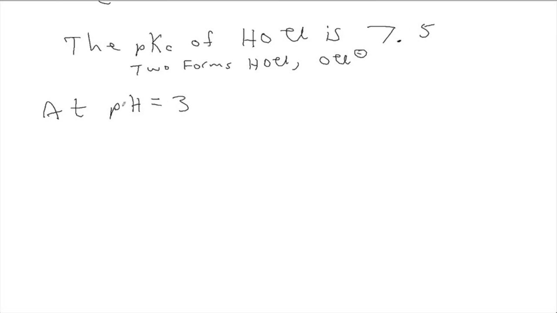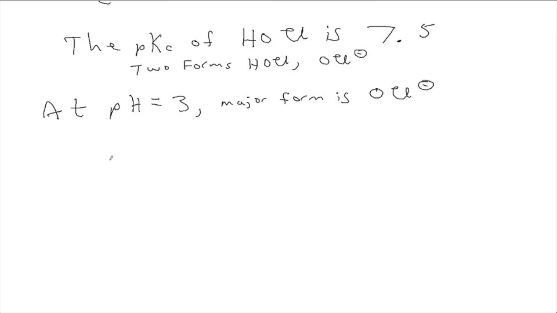Which form predominates at a pH of 3? The OCl minus. And how did you figure that out?